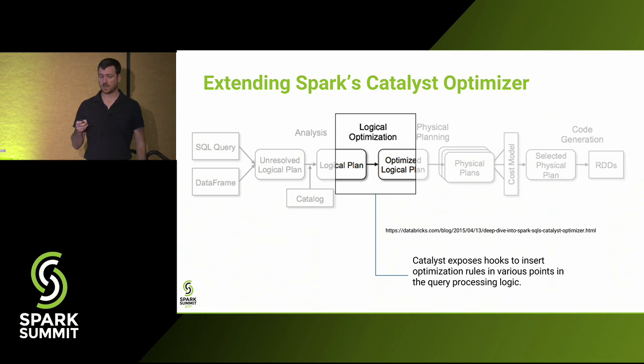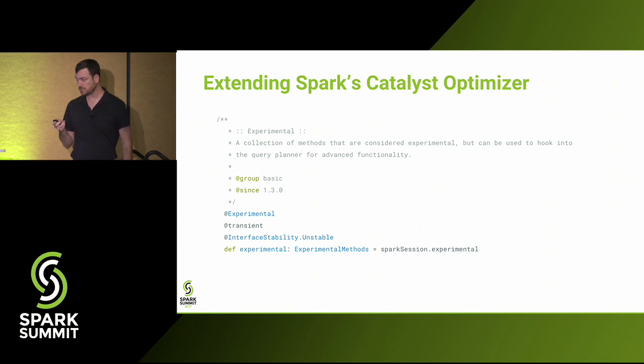For us, the interesting extension point is in the logical optimization phase. We're going to insert some rules that will optimize queries into this phase of the processing. These extension points are actually marked as experimental, but the functionality was so compelling that we had to jump in with both feet. So it may change in the near future, but we'll see what happens.